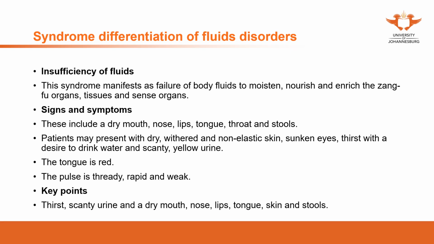So these differentiation methods, we're going to combine with the Zangfu differentiation method. When you study these methods, you can always think about in which organs it can present with what kinds of manifestations.